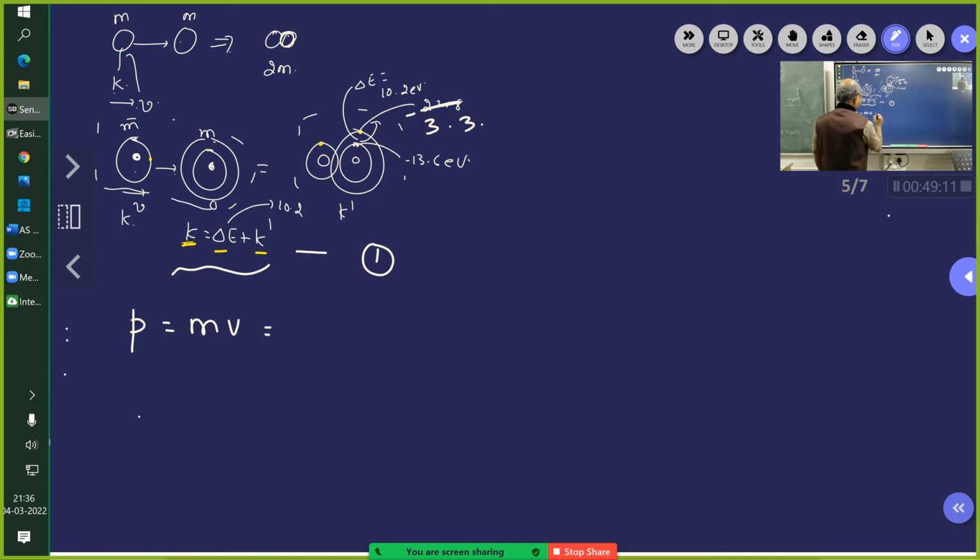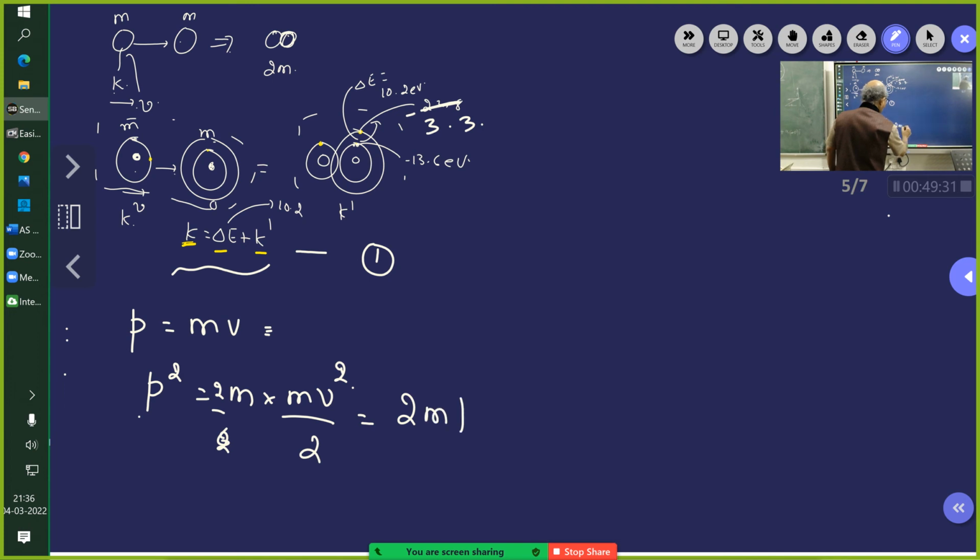So supposing I take the square of it, I get p square is equal to m into mv square. Now here I will multiply and divide by 2. So this becomes 2mK.